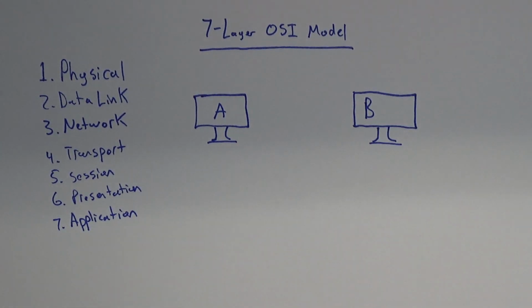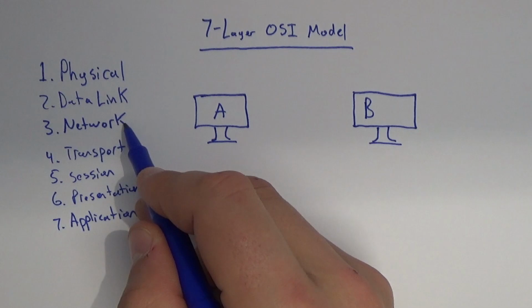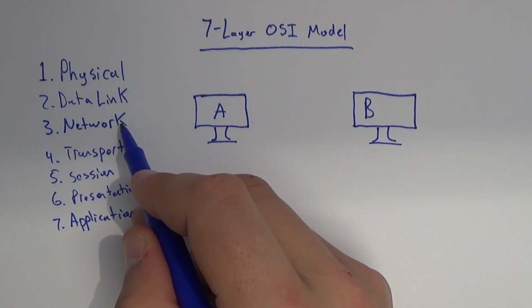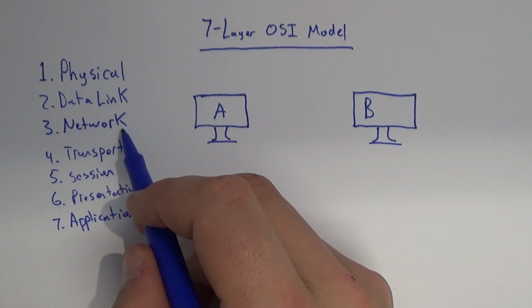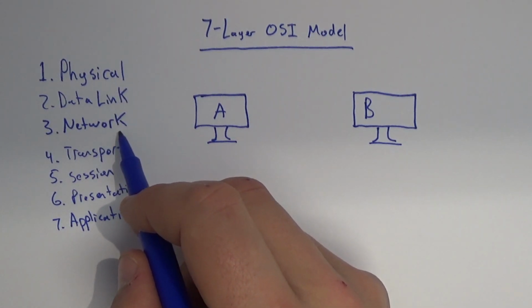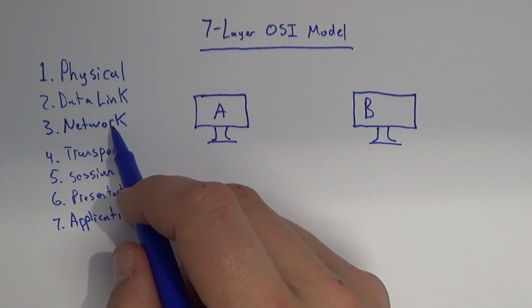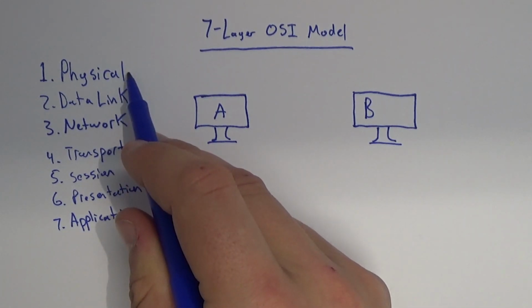So for example, the network layer is all about grouping computers together and communicating between computers. It doesn't necessarily care about the physical connection between computers. All it cares about is that it can transmit information in a certain way. So it's not going to worry about the physical layer. It's going to assume that the data link and the physical layers are in place.